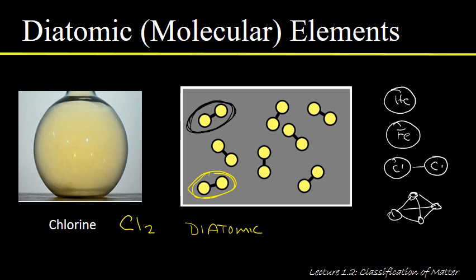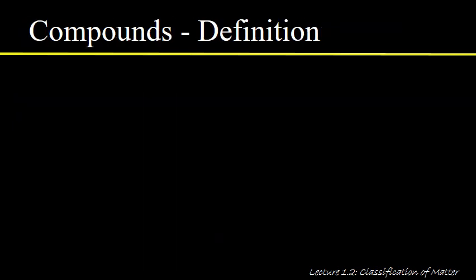So it doesn't matter how they're connected. If all of the atoms in that substance are the same type, if all of them are helium atoms, if all of them are iron, if all of them are chlorine, if all of them are phosphorus, then we say that sample represents an element. Right? Okay, so things that are not elements are compounds, right?